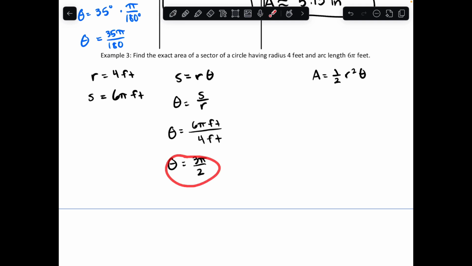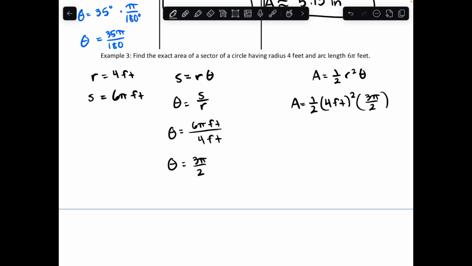Now that I have theta and I have my r, I can plug both of those into my area equation and we can actually find the area of this sector. So we have area equals 1/2 times r squared, so 4 feet, quantity squared, and then times theta, which is 3 pi over 2. This then becomes A equals 1/2 times 16 feet squared times 3/2 pi.